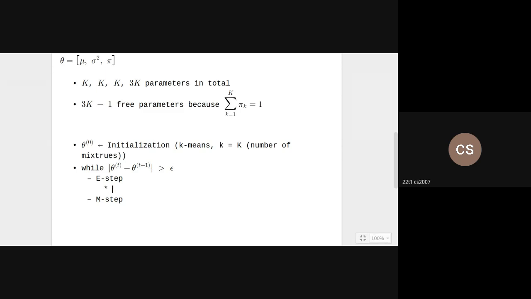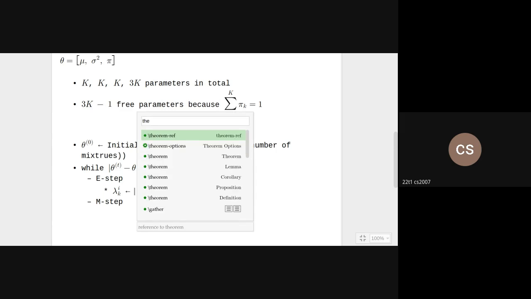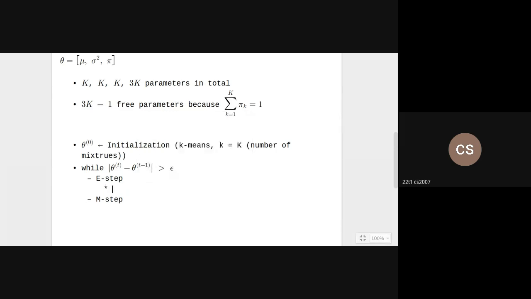So what will your E-step do? Your E-step will take the values of lambda ik. And where will it get these values? Let me not write it as lambda ik. Let me write it as lambda at time step t plus 1.